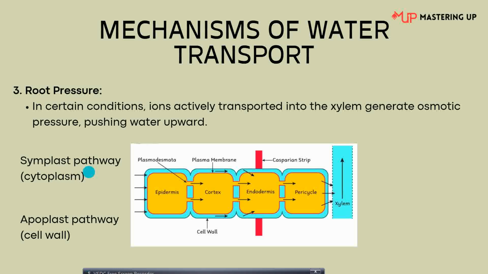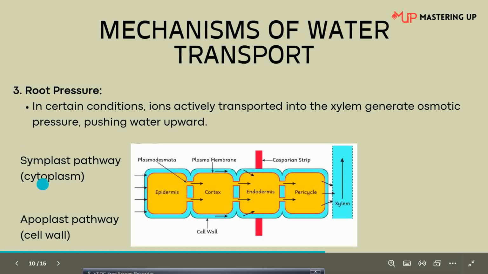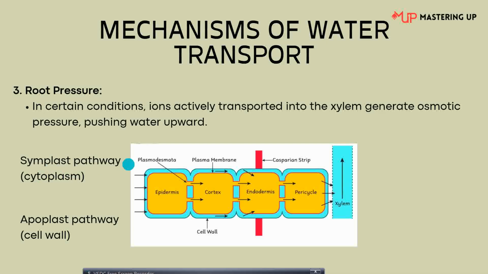There are two types of pathways: the symplast pathway and the apoplast pathway. Let's imagine this root here. Water is transported either through the cytoplasm or through the cell wall.